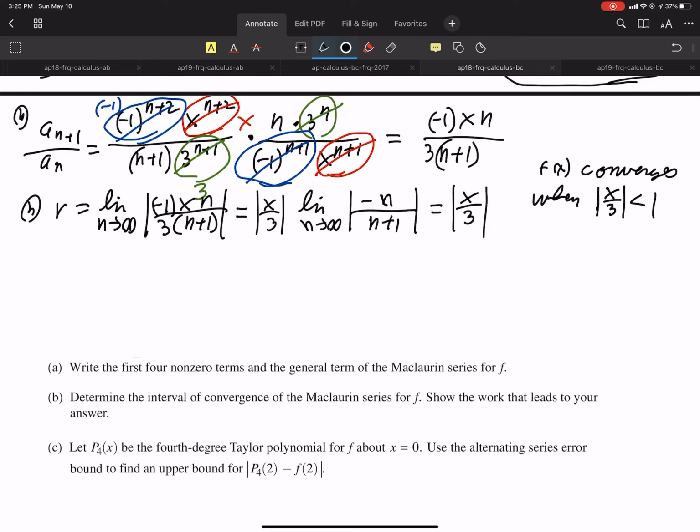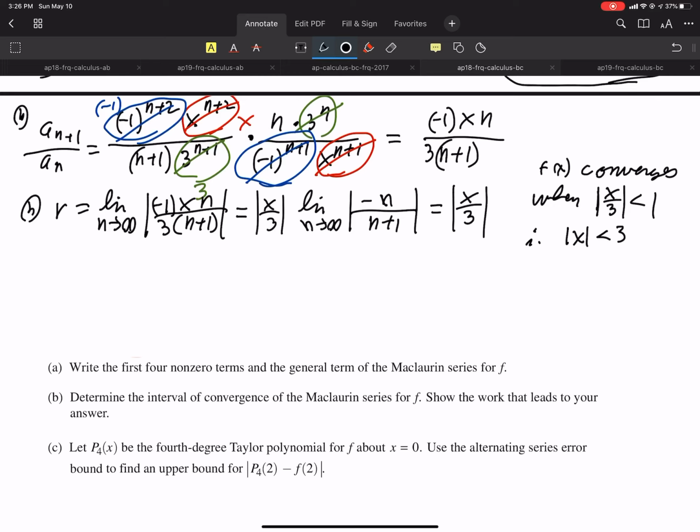Now, that doesn't tell us everywhere it converges, because when that ratio equals 1, we don't know. So we have to test those later. We know that less than 1 works. So if I multiply both sides by 3, therefore, absolute value of x is less than 3.